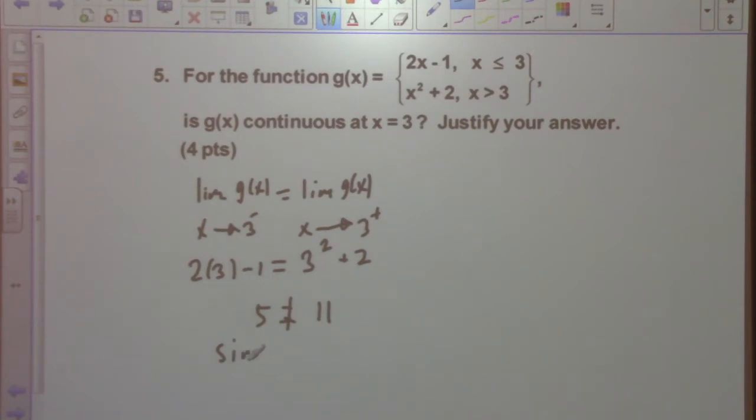Okay, so now the justification. Since the limit as x approaches 3 of g of x does not exist, g of x is not continuous at x equals 3.